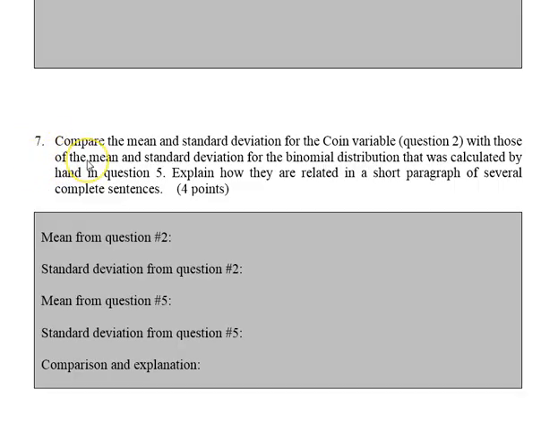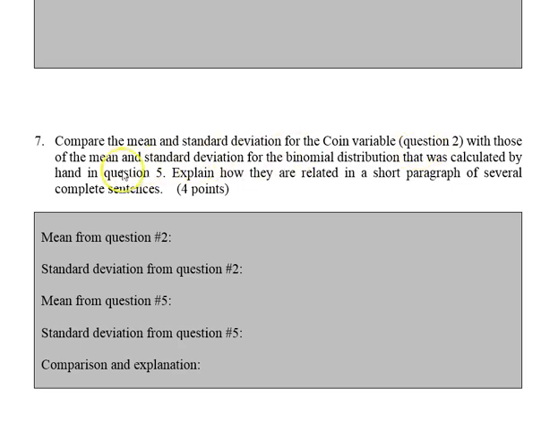And then in number 7, we're going to be comparing and contrasting the mean and the standard deviation from our 2 different scenarios here. The first scenario in question 2, where you have the actual data from people actually flipping a coin, a real life outcome from a binomial situation where there's a 50% chance of success.